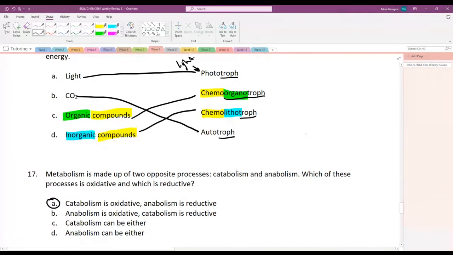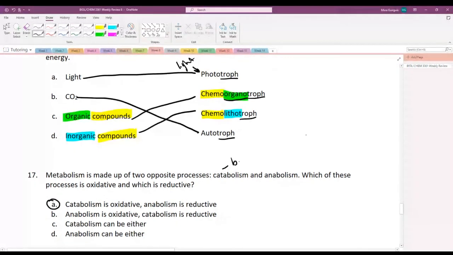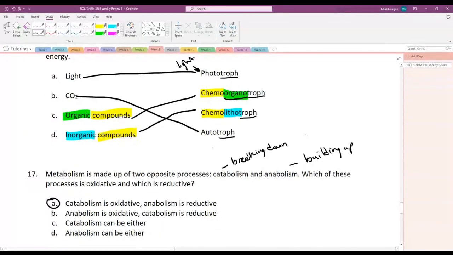Sorry, I should mention catabolism is breaking down, anabolism is building up. So when we think of breaking down, that's oxidative because it's giving us oxidized products, right? So catabolism oxidizes stuff, and then anabolism reduces it to give us energy.